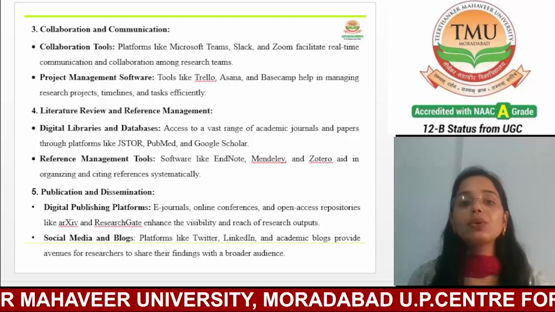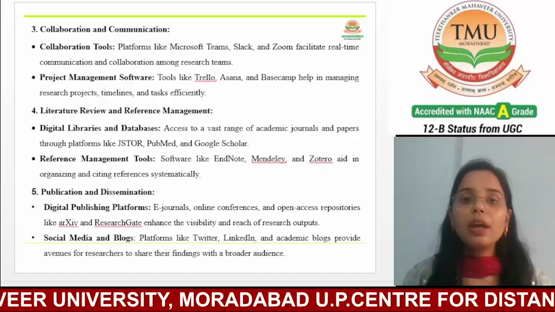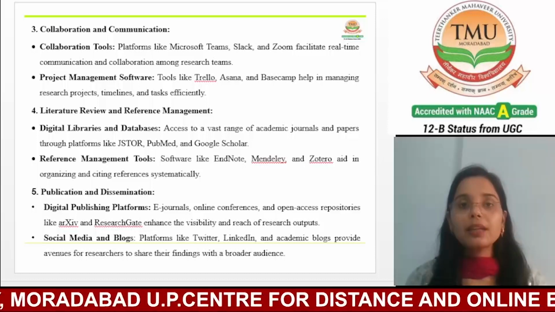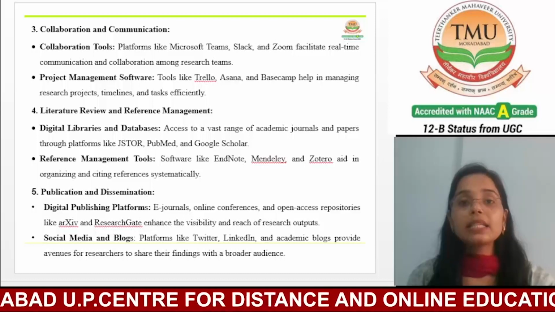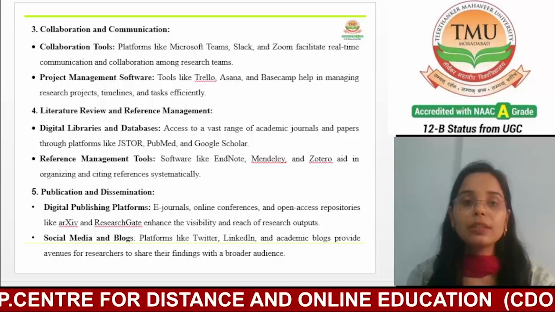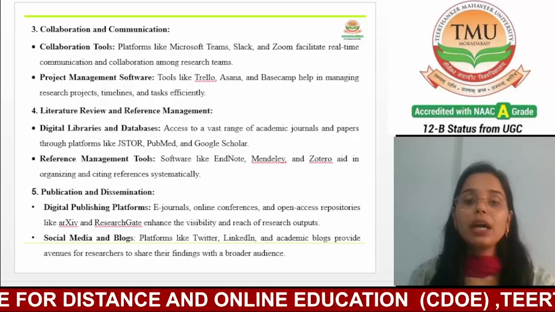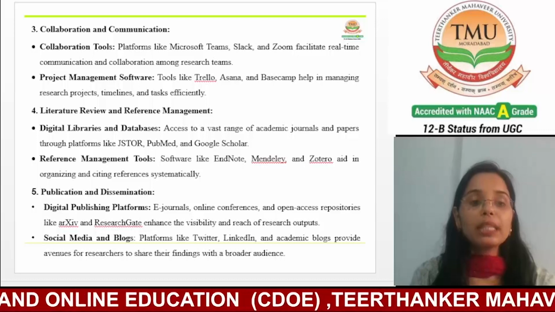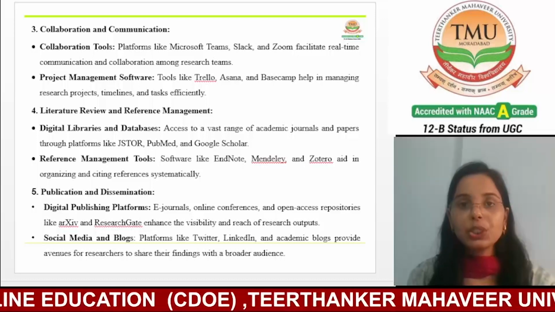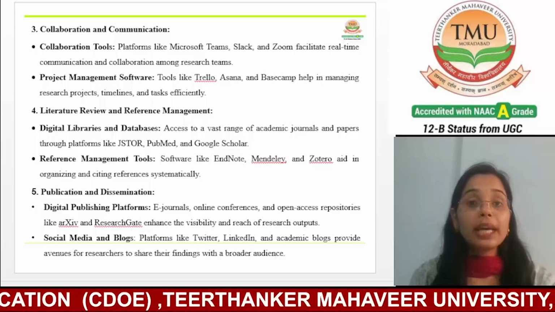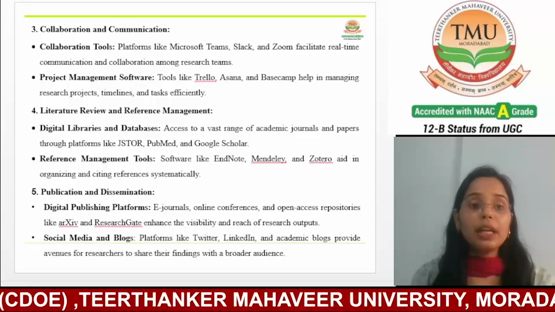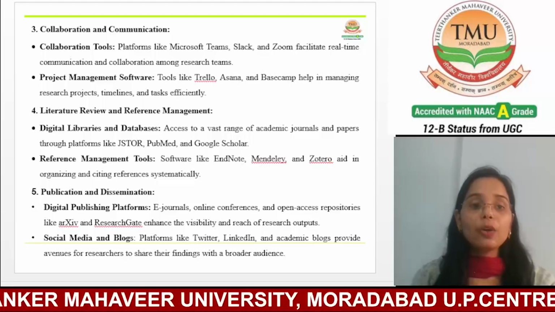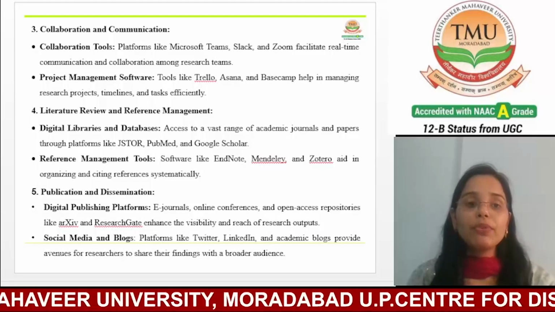If we talk about collaboration tools, platforms like Microsoft Teams, Slack, and Zoom facilitate real-time communication and collaboration among research teams. That means collaboration tools are very essential for researchers to work together effectively and efficiently, especially when team members are located in different parts of the world.